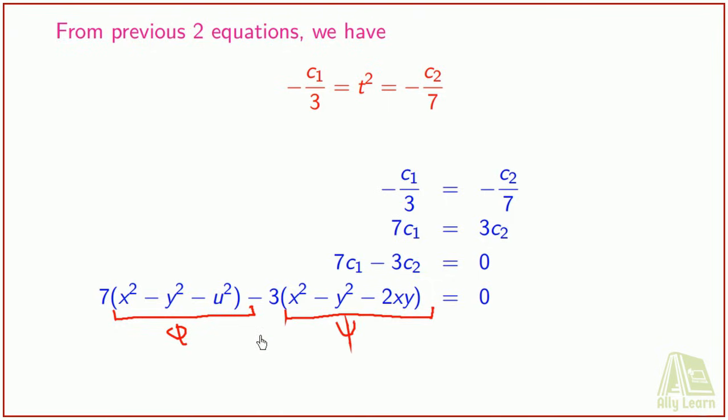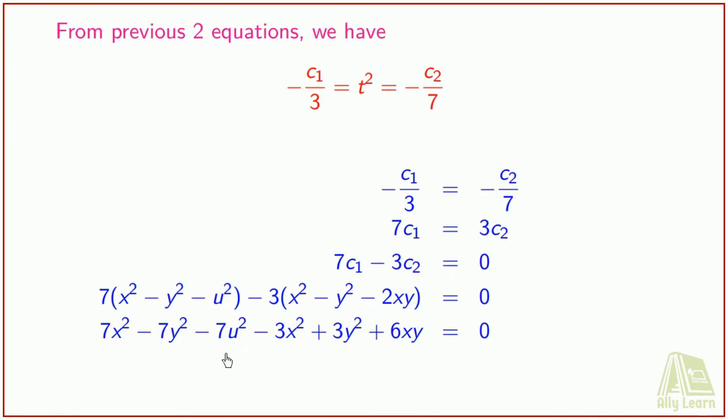Now we have to do just a little bit of calculations. Take 7 and 3 inside the brackets, we get this expression. Now we combine the like terms, 7x square and 3x square, 7y square and 3y square, and write the remaining two as they are, and we get 4x square minus 4y square plus 6xy minus 7u square equals 0.